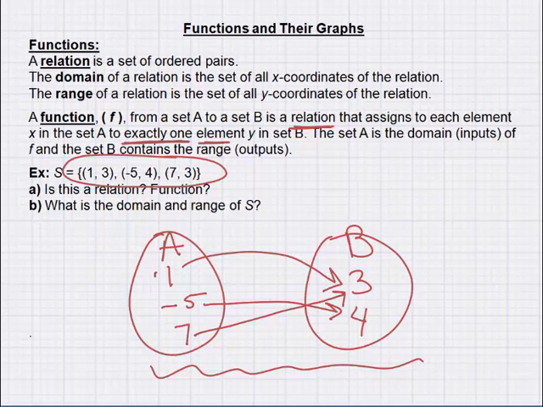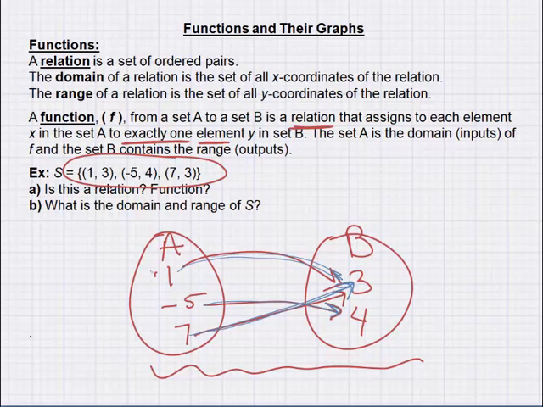Now, a lot of people might say no because of the 3. 1 goes to 3 and 7 goes to 3. But does this one go to 1? Yes. Does this go to 1? Yes. Does this go to 1? Yes. So does each element in set A get matched to exactly one element in set B?